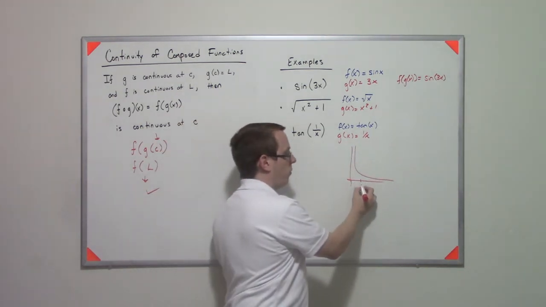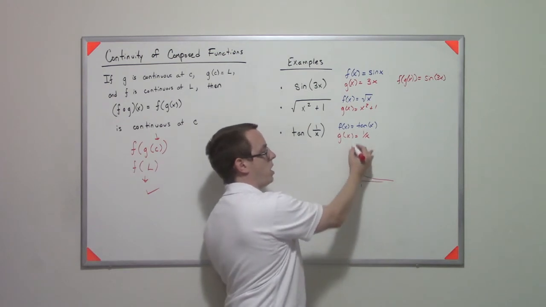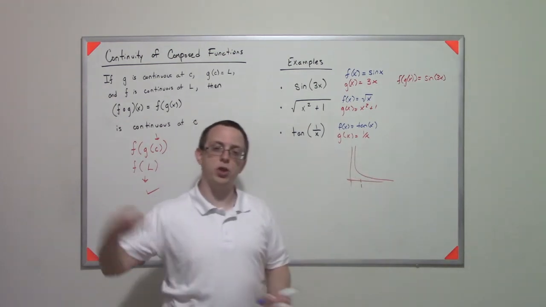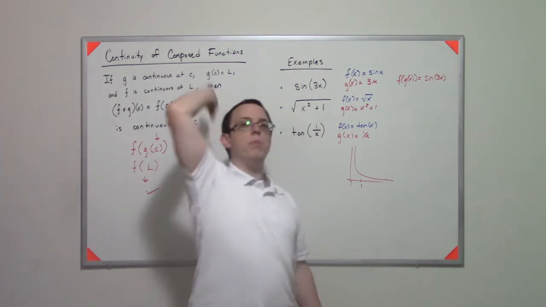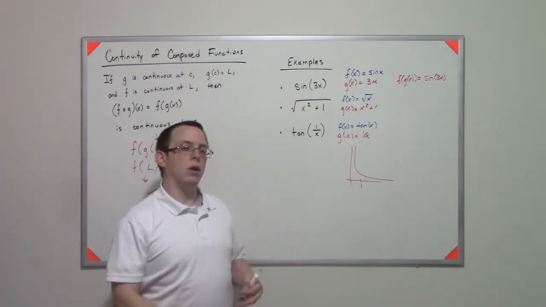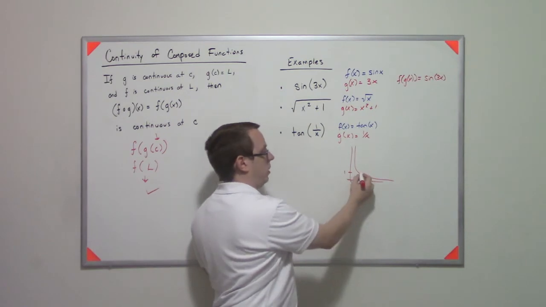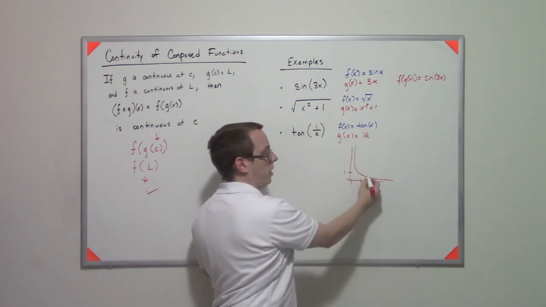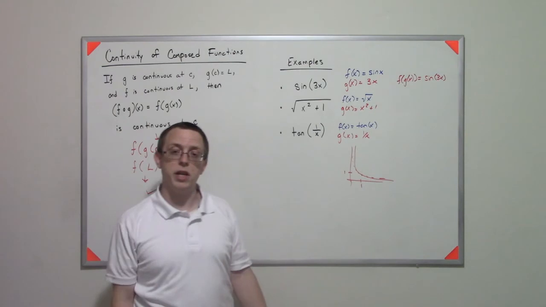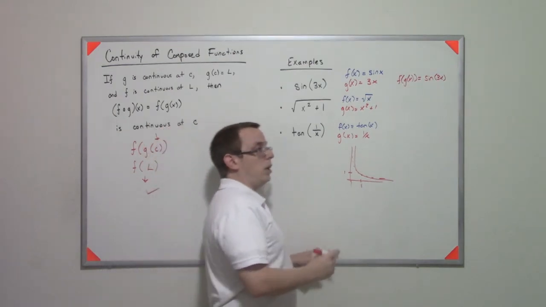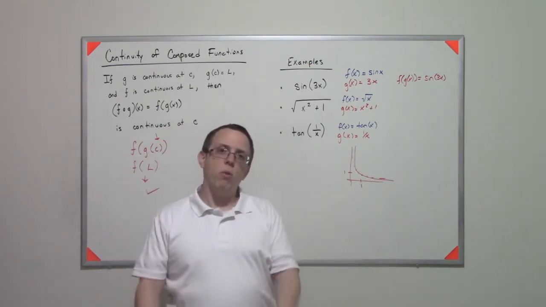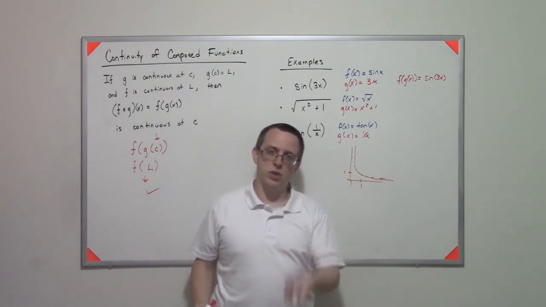But if that's 1, from here to here, the output of that function takes on every possible value. So every value bigger than 1 is technically covered, and every value less than 1 is technically covered. So the only value that doesn't come out of that 1 over x function is actually the value 0.